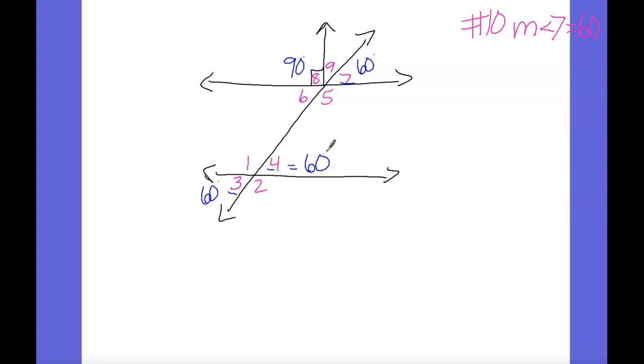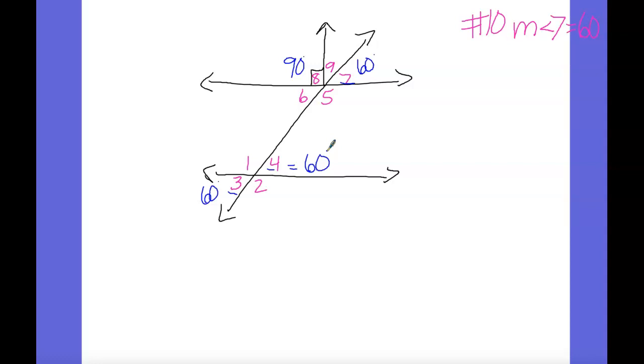Okay. Haley says she wants to find the measure of angle 9. What did you use for the measure of angle 9? You'll add. Okay.